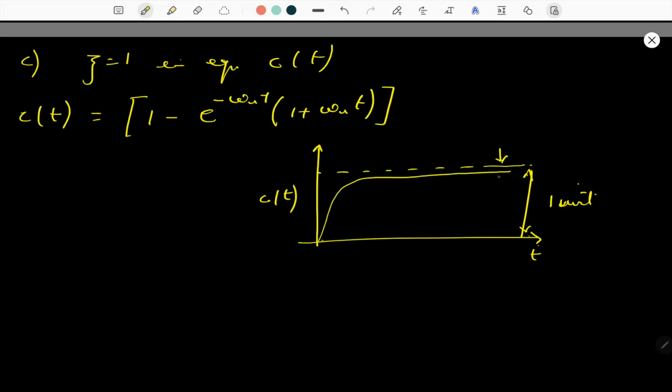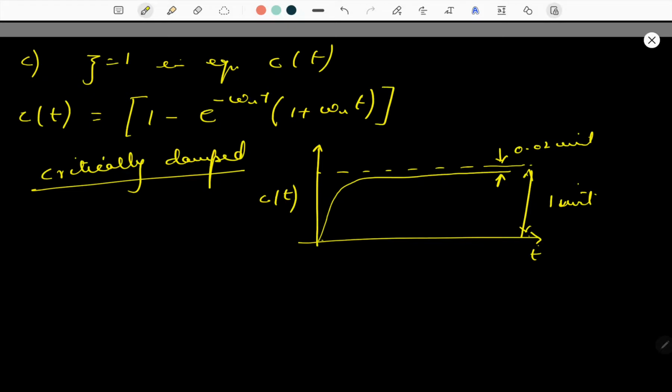Okay, this is 0.02 unit. So this is the time response of a second order control system when zeta is equal to 1. This is simply a critically damped case. Critically damped condition.